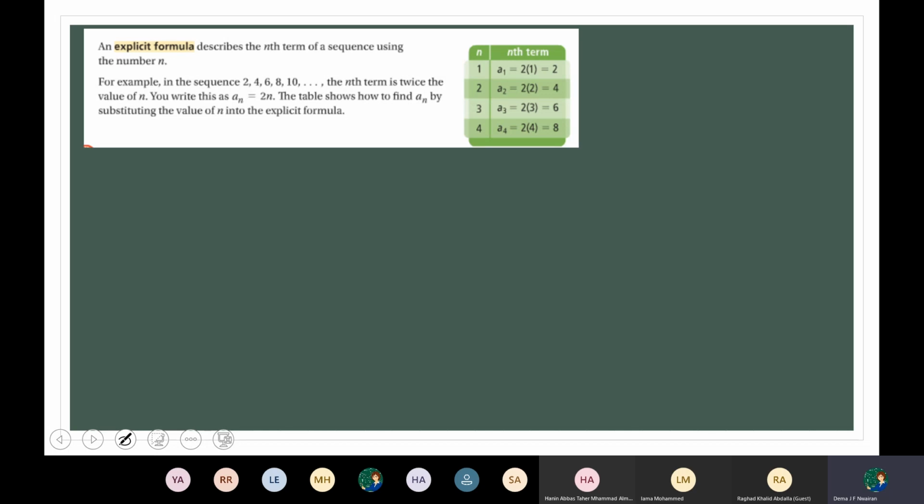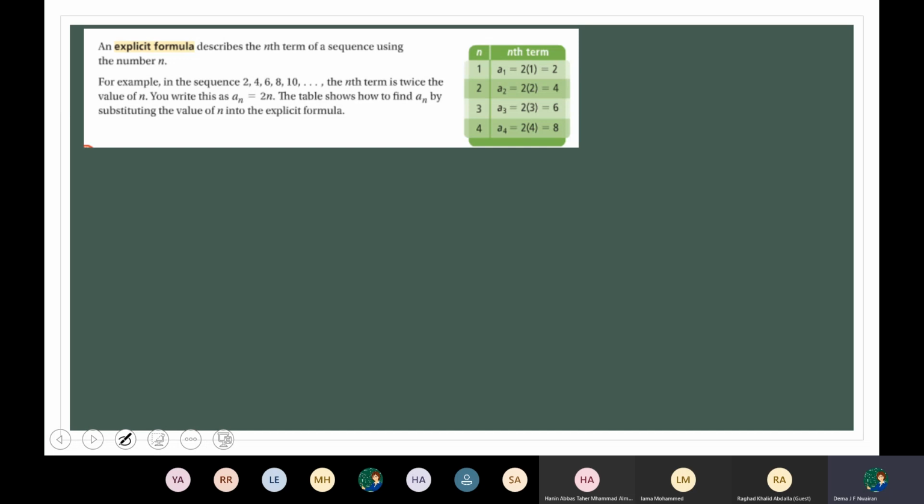And also, I will give you the recursive formula and you give me the terms in the sequence. And also, I will give you the opposite: I will give you the ordered list of numbers, and you can guess what the explicit formula or the recursive formula will be.